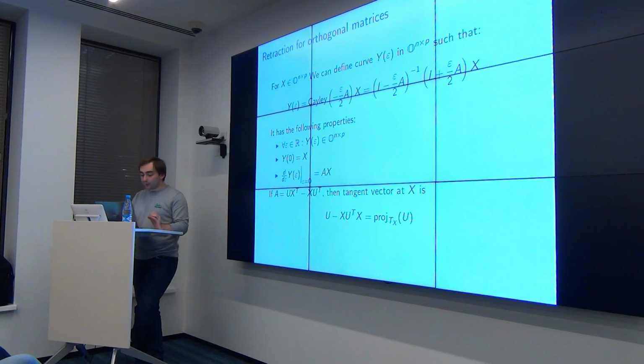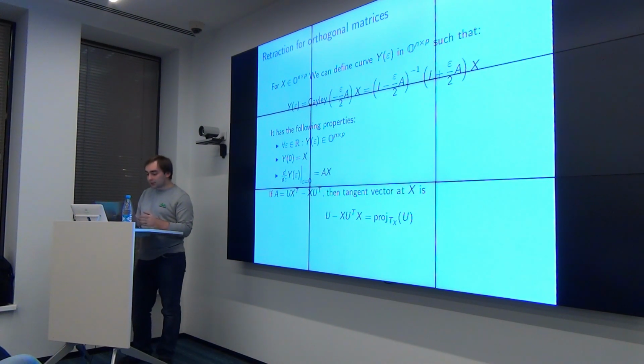And y of 0 is the same point x that we stand in. We can compute the direction in which it goes at the beginning: it's the derivative by epsilon at the point epsilon equals 0, and it's equal to Ax.